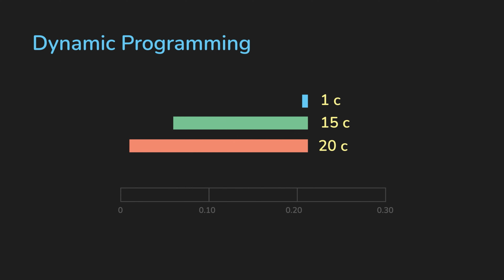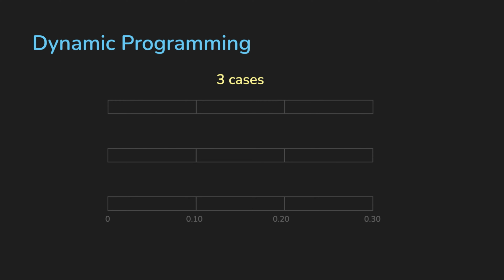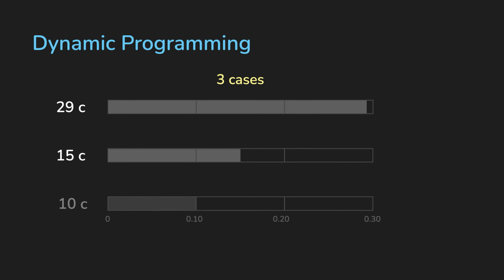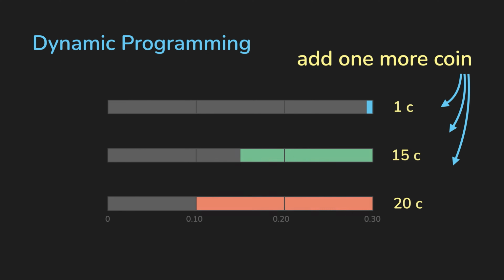At a high level, if we want to make 30 cents with this algorithm, we will look at the optimal solution for 29 cents, 15 cents, and 10 cents. And once we get to 29 cents, 15 cents, or 10 cents, we only need to add one more coin, either the 1 cent, the 5 cent, or the 20-cent coin, respectively.